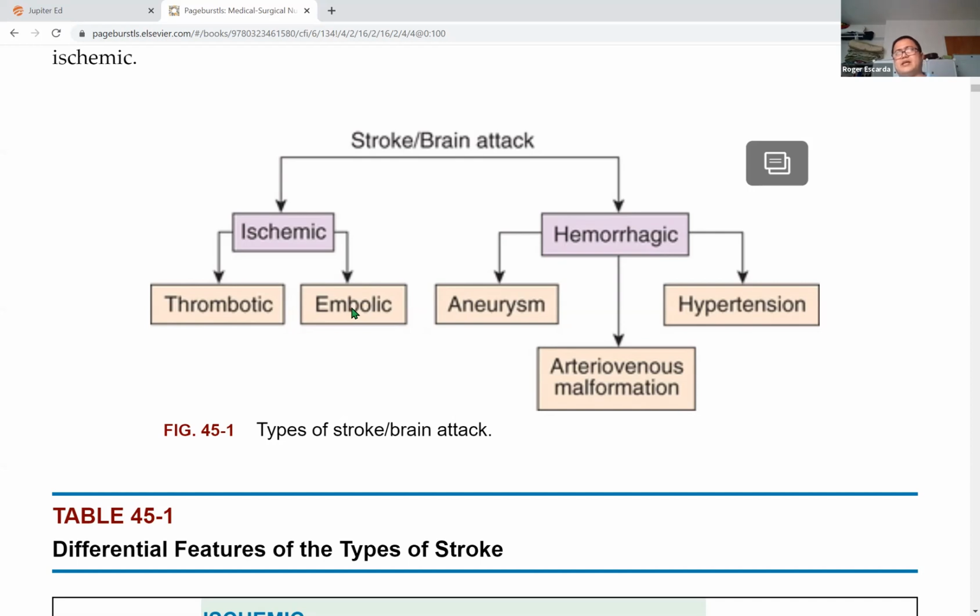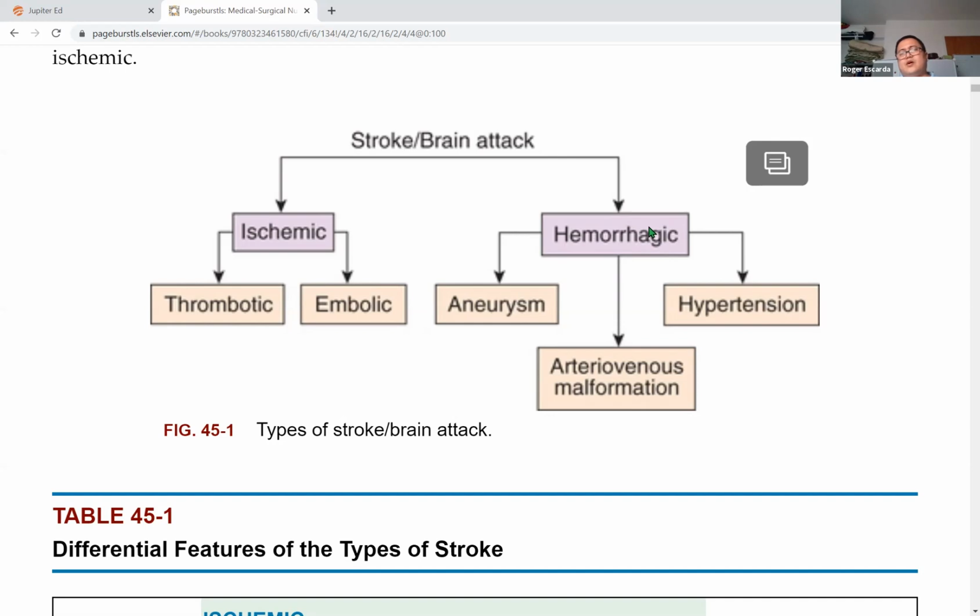You have AFib, heart failure, a valve problem, or a flutter, for instance, or any other condition that causes a clot to form inside the heart, or in rare cases, a DVT. A DVT usually causes a PE, a pulmonary embolus, rather than a stroke. But in rare cases, it may make its way up to the brain as well.